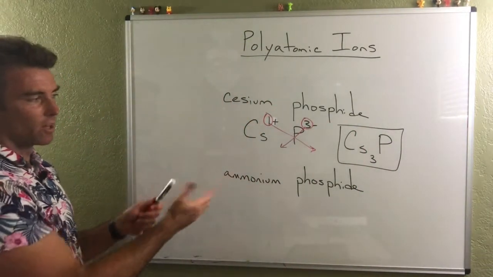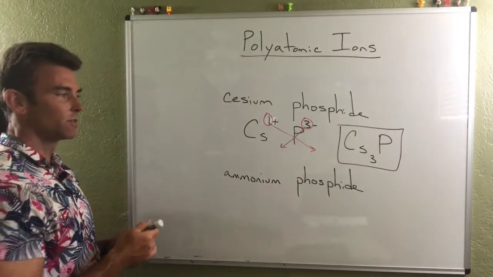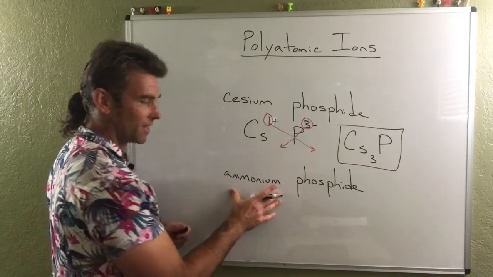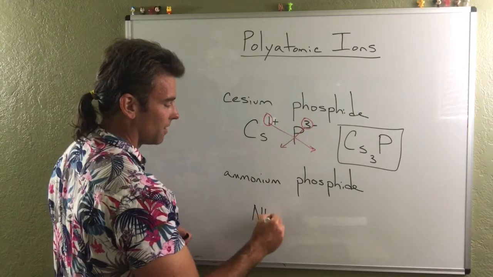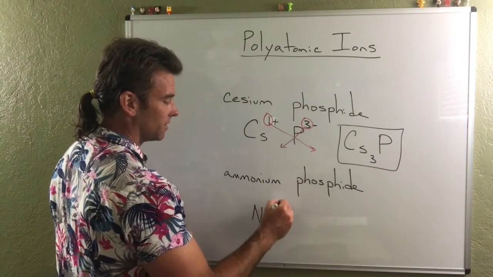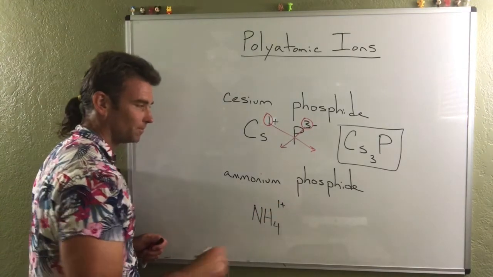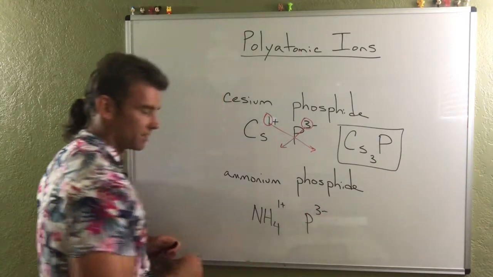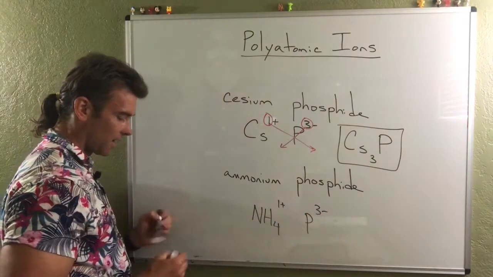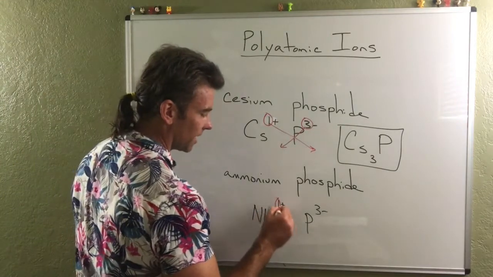And then we look at ammonium phosphide. This one takes a little bit more effort because you have to look up ammonium on the list or remember what it is. This is the one that is probably more helpful to remember. And then we've got our 3 minus phosphorus. And we do our Crossy trick once again.